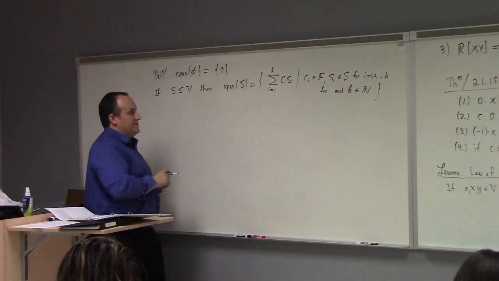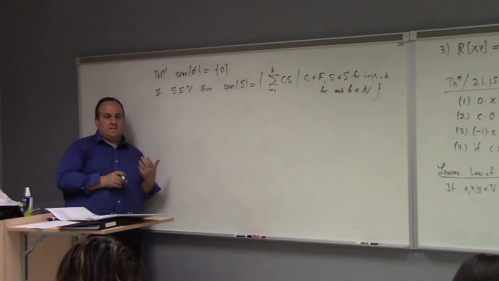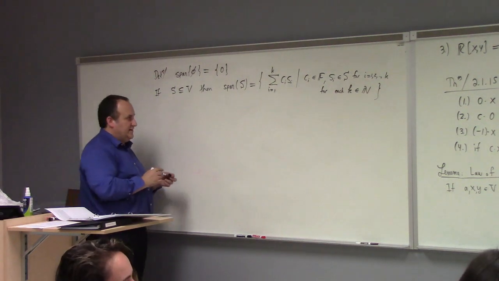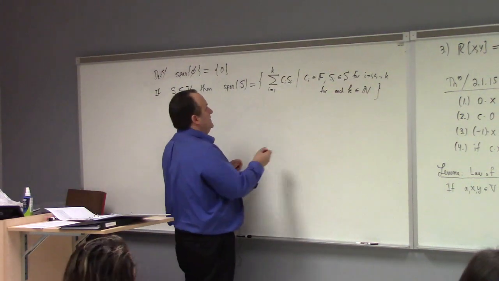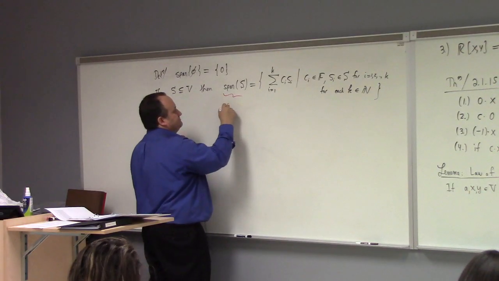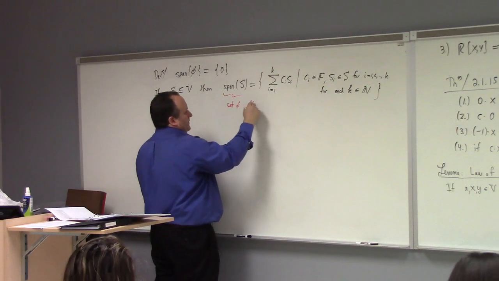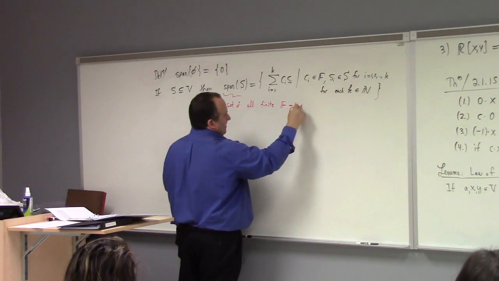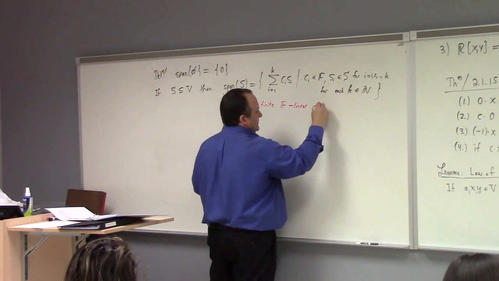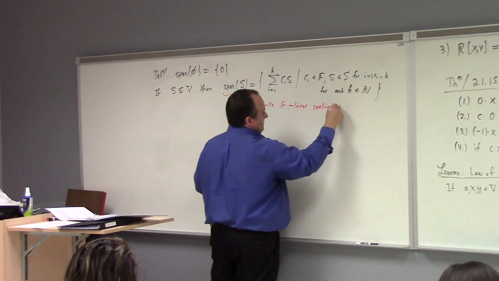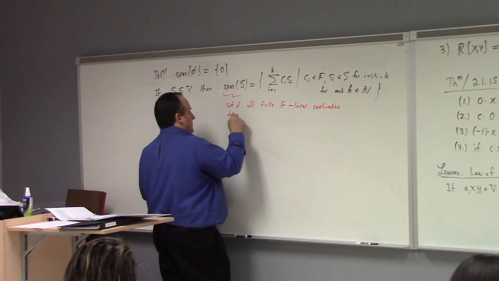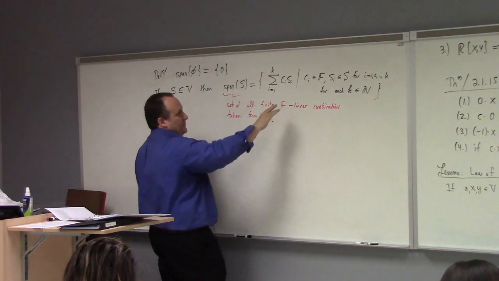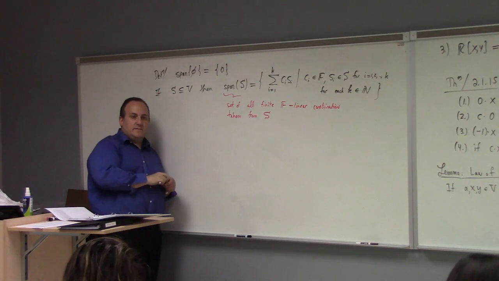So let me put it into words. The span of S is the set of all finite F-linear combinations taken from S. That's what I'm trying to say with that set theory there, okay?